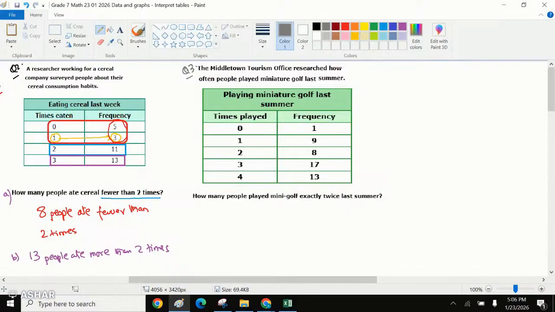The question they're asking is how many people played mini golf exactly twice? Exactly twice means we just need to look at exactly two.